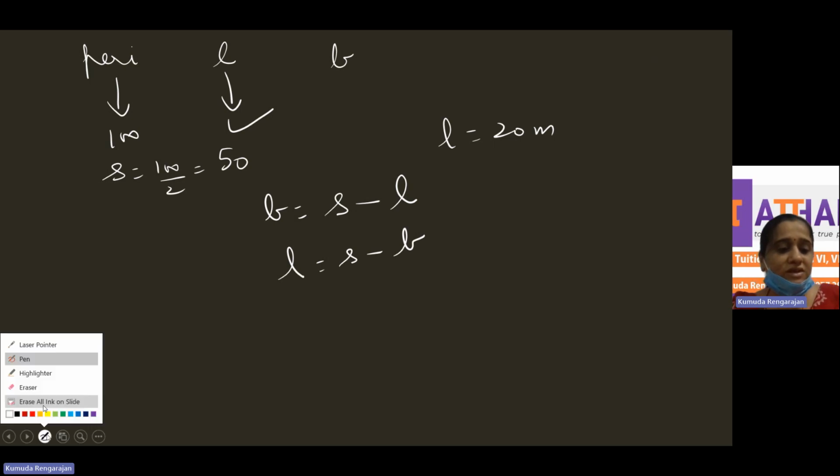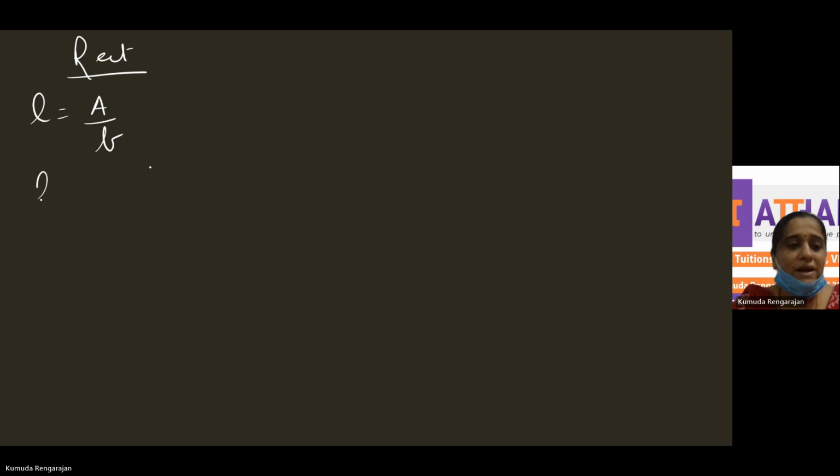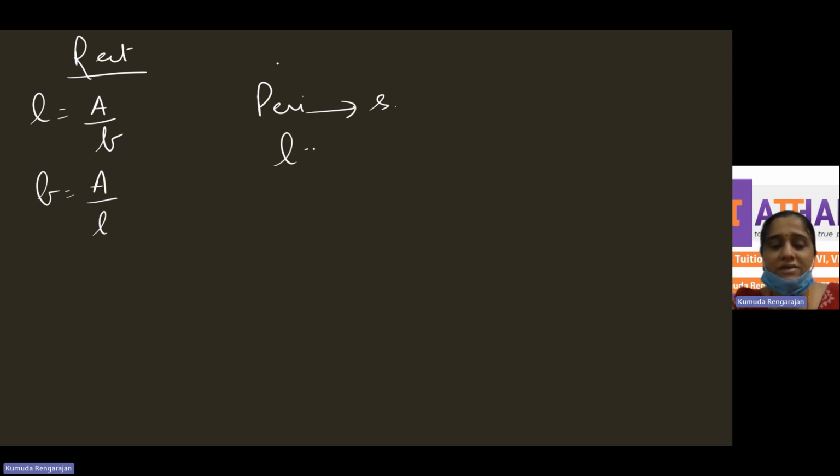So see, you should use these formulae, children. This is for a rectangle. Length is equal to area by breadth. Breadth is equal to area by length. Also, if you're given the perimeter, you should find the semi-perimeter. Then length is semi-perimeter minus breadth.